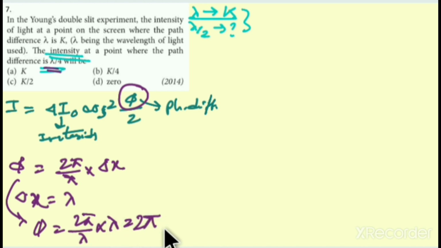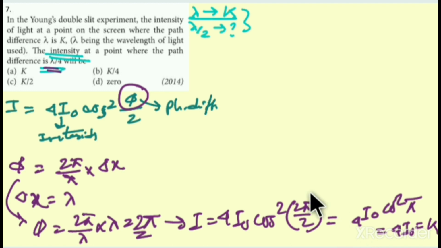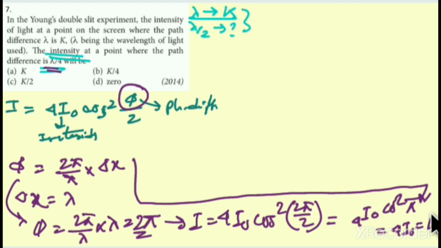It will be 2 pi only, and then our intensity will be 4I0 cos square phi by 2, and here phi is 2 pi, so 2 pi by 2, and this will result in 4I0 cos square pi, and this is our 4I0, and this is known as K, right? So this is our K, which is given in our question. So this is actually correct.